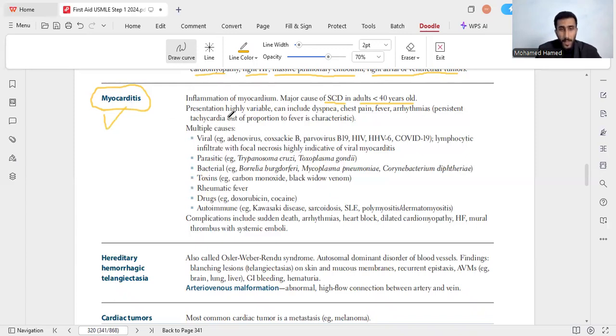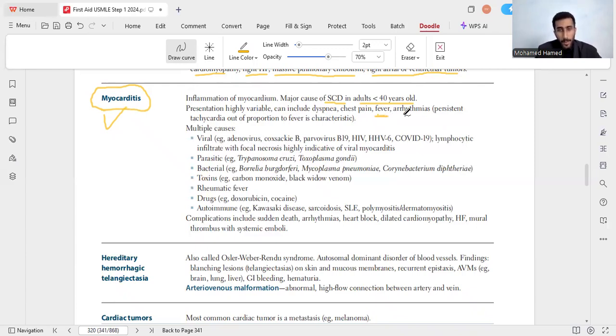The presentation will be highly variable, and you don't need to know specific details, but you have to watch out for dyspnea, chest pain, and fever. It is myocarditis, so it is an inflammation, and with inflammation you may have a fever.